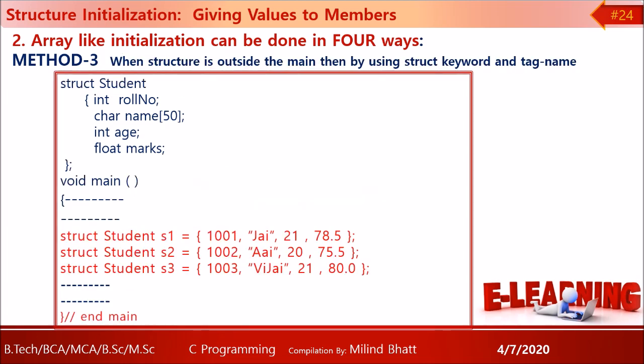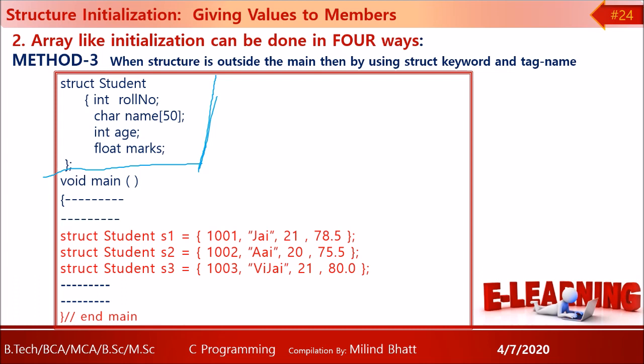when structure is outside the main, then by using struct keyword and tag name. Now I am mentioning my structure outside the main. Struct student having all such members, they have been closed and main starts over here.